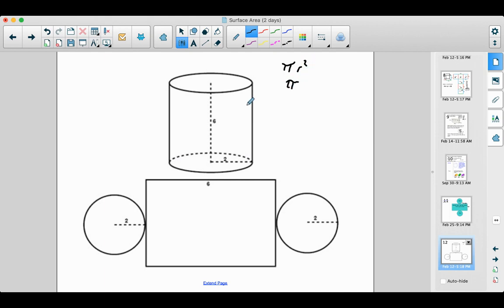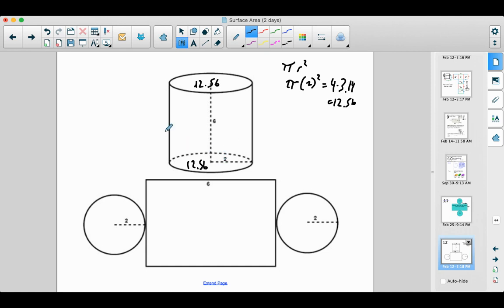Here the radius is 2, so pi times 2 squared. 2 squared is 4, so I'm going to do 4 times 3.14, which gives me about 12.56. So the area of the base is 12.56. The area of the top circle is also 12.56, so I double that because there are 2 circles.